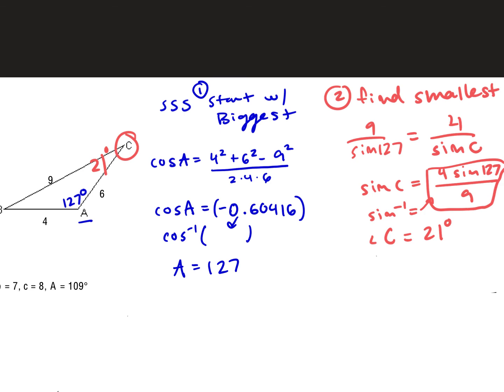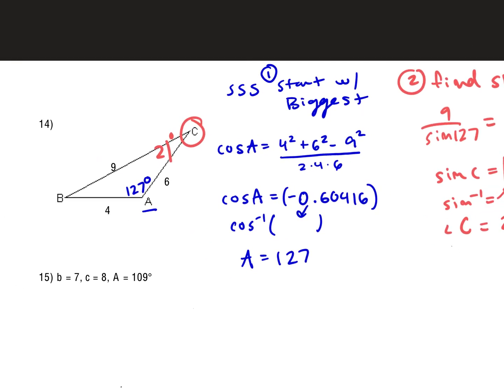All right, last angle that we have to find. How do I find the last angle? So all 3 add up to 180. Add the 2 that we have, subtract from 180. So it'll be 180 minus 148. And what do we get? 32 degrees.